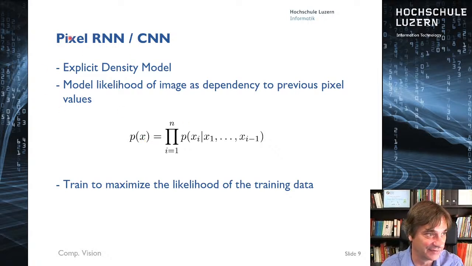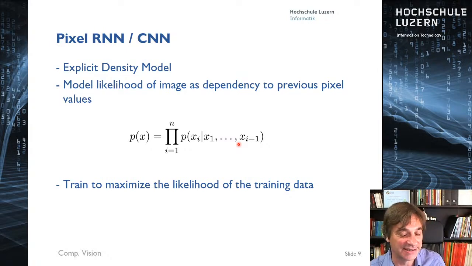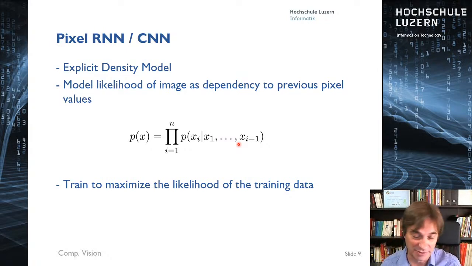Using a model likelihood means that you would like to have the probability that the pixel has some certain color dependent on the other pixels that you already have in the image that you maybe have calculated before. And during training, you would try to maximize the likelihood of the data so that it fits the model that you learn here.